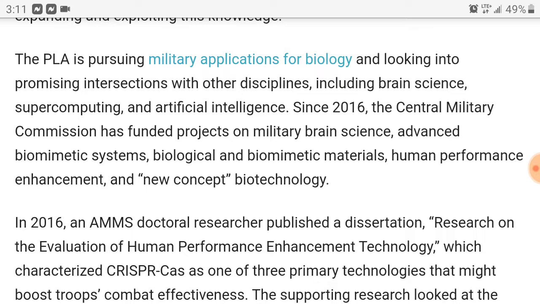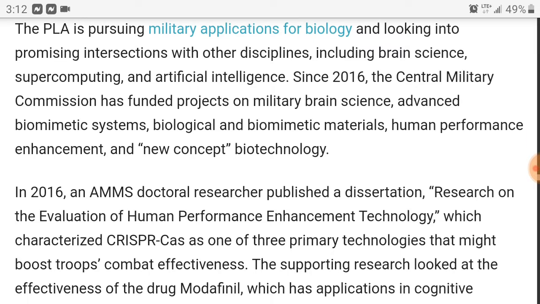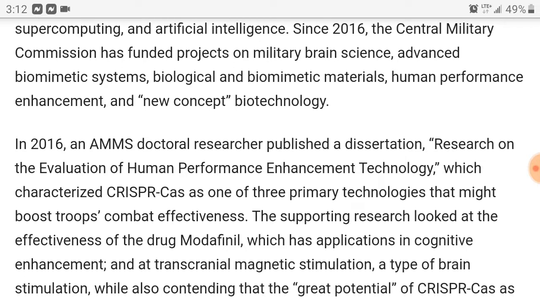how they're looking into promising intersections with other disciplines, including brain science, supercomputing, and artificial intelligence. Since 2016, the Central Military Commission has funded projects on military brain science, advanced biometric systems, biological and biometric materials, human performance enhancements, and new concept biotechnology.